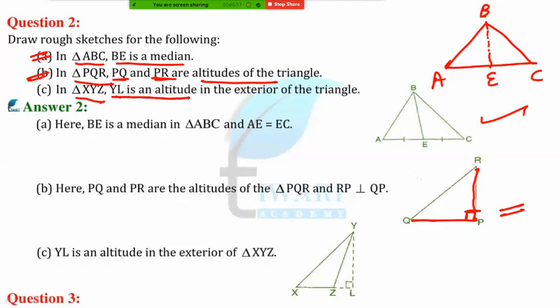It means it makes angle 90°, but in the exterior of the triangle. So the 90° angle is being formed outside the triangle. Suppose we have a triangle that is XYZ. This is your XYZ triangle, but we have to form altitude. So this is your altitude which is outside the triangle. So exterior of the triangle. So this is your last diagram.